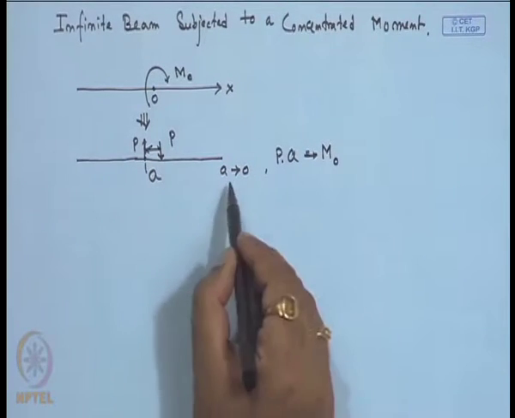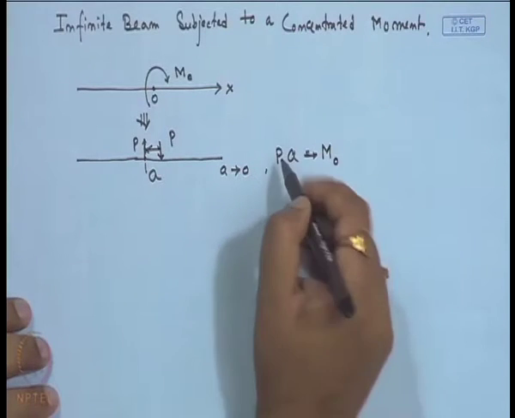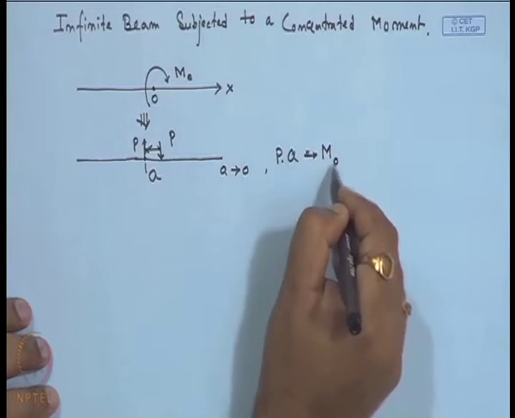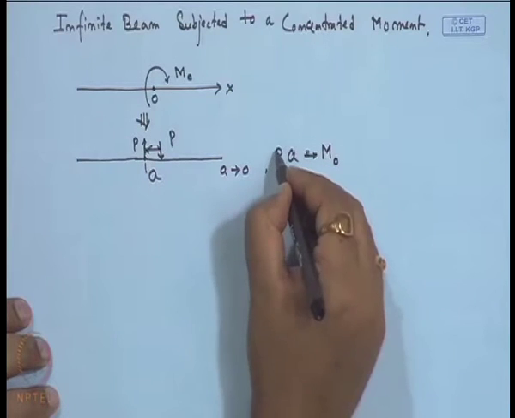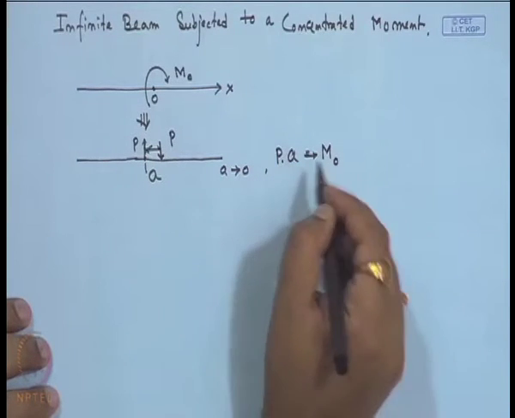So, if a tends to 0, then P into a tends to M0. Here P is the concentrated load and a is the distance.